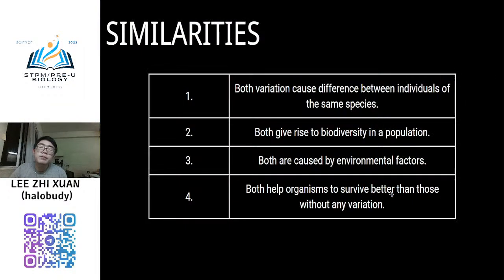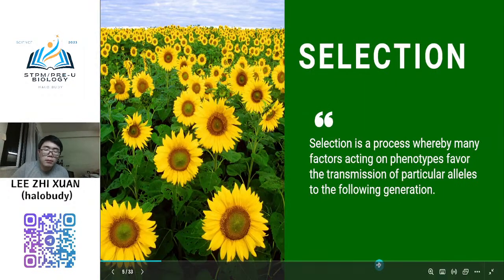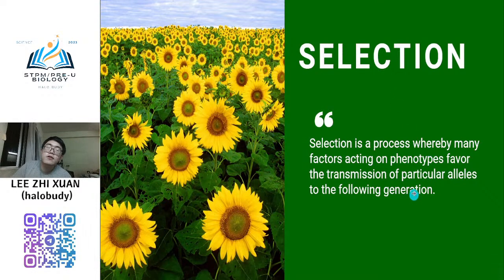Okay, now we go to the main point of the topic, which is selection. Normally the definition is that selection is a process whereby many factors acting on the phenotype favor the transmission of a particular allele to the following generation. Meaning that there are many factors that affect your phenotype.